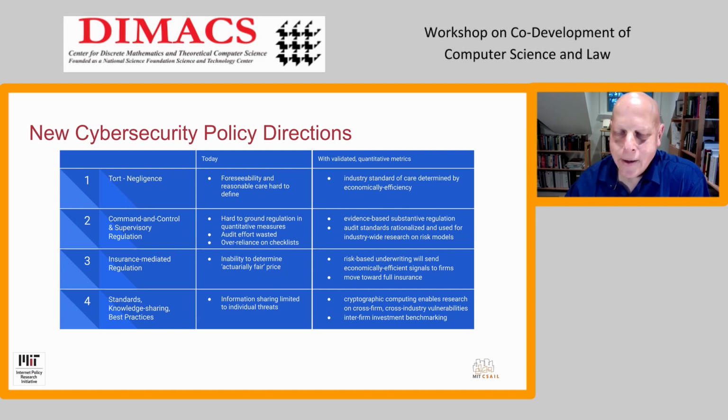I think a lot of people in computer security have tended to dismiss the ability to do these kind of validated quantitative risk metrics on the theory that the adversaries are dynamic and can adapt much faster than anyone can develop any risk metric.